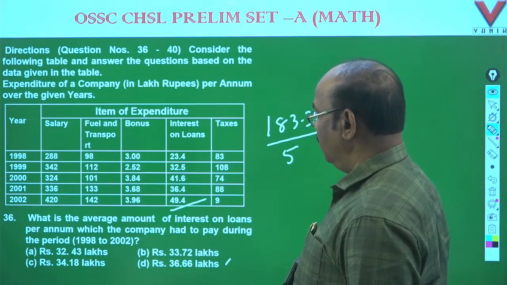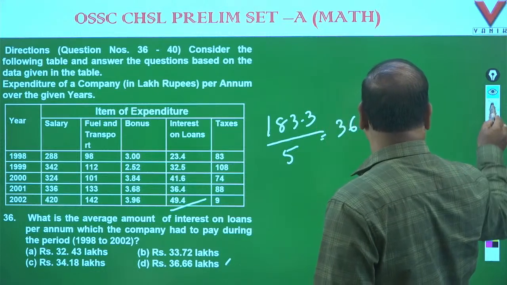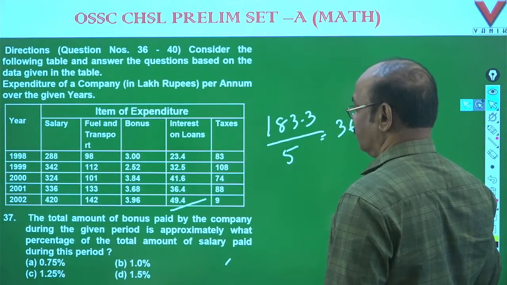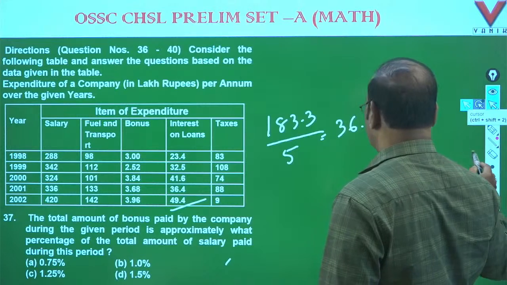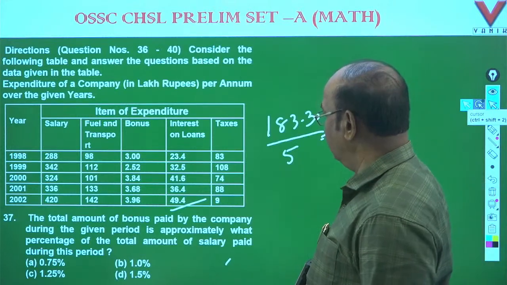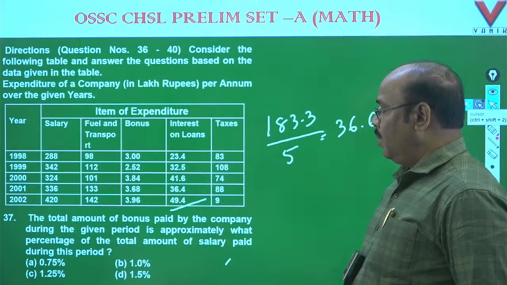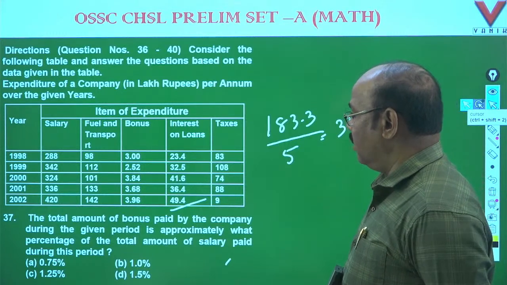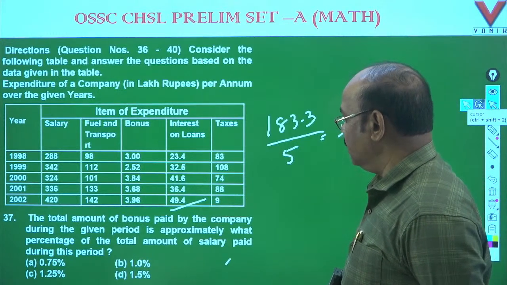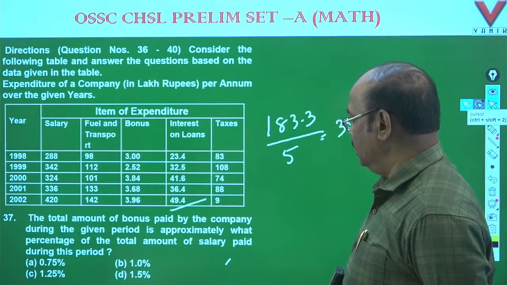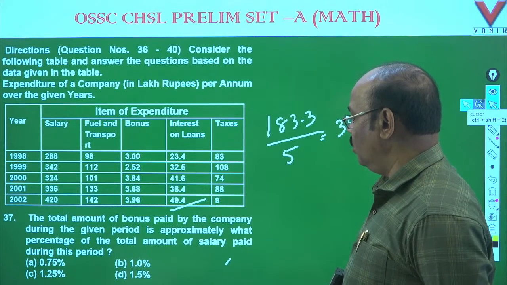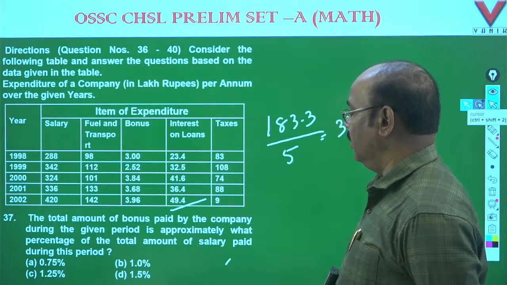Next question number 37. Based on the same data, the total amount of bonus paid by the company during the given period is approximately what percentage of the total amount of salary paid during the period?